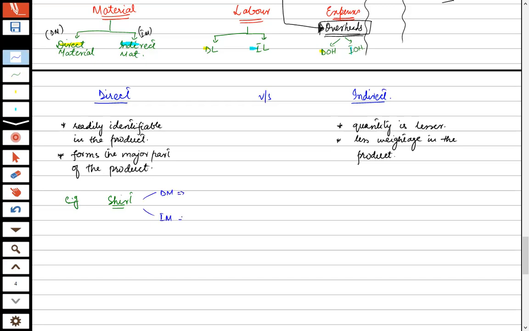As we have studied the definition, direct material would be readily identifiable in that product and form the major part. So, what would be the major part in the shirt? Can you tell that? Can you repeat the question? In a shirt, what would be the direct material and what would be the indirect material?